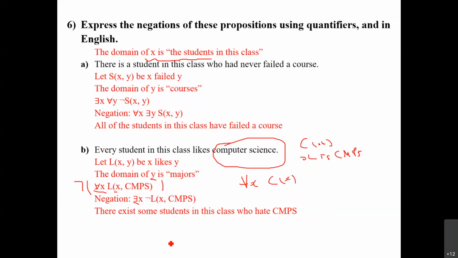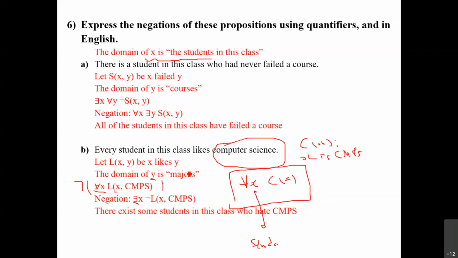So just tell me, how would I write the statement? Just like this? Okay. Well, first of all, x is a student. If you say C of x, the definition is x is CMPS, this statement is just saying every student is CMPS. So it's kind of like saying every student's major is CMPS, which is not necessarily true.